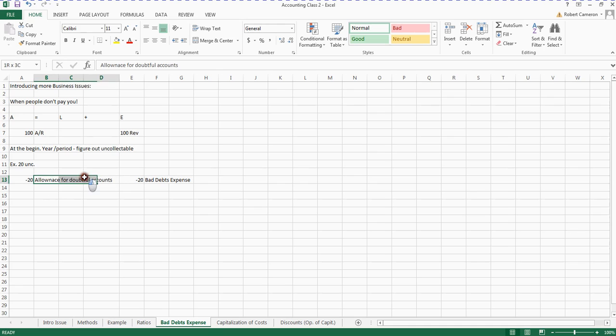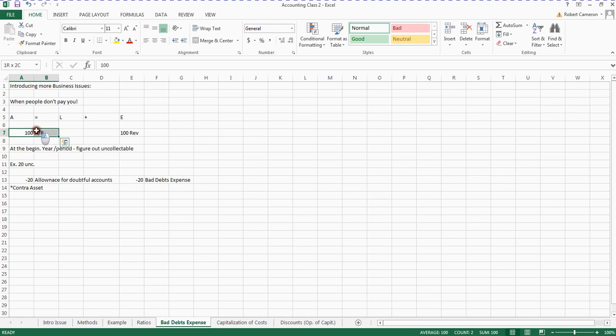So that's why we make this account right here, allowance for doubtful accounts, and this is called a contra asset. And all that means is it doesn't exist by itself. It's some sort of valuation account, an account that's supposed to take another account down to a more realistic value.